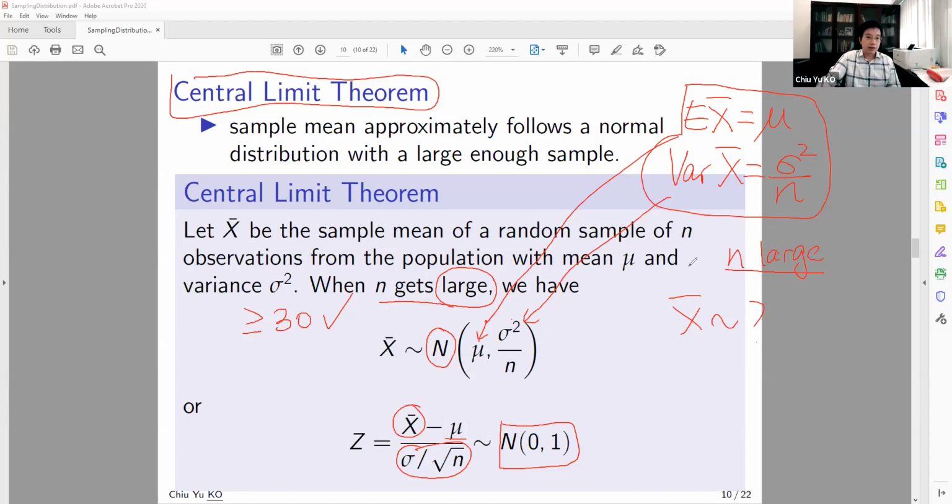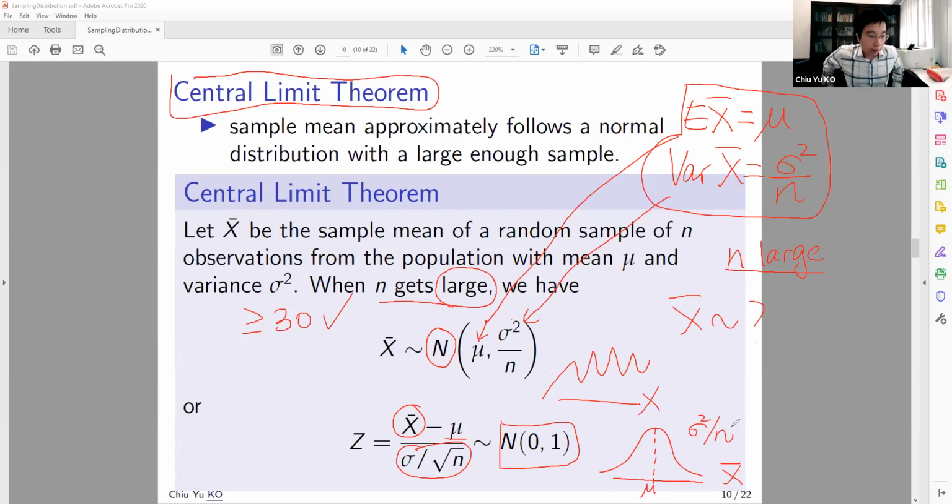But the interesting part is when n is big enough, even though X has any variable distribution, the funny part is X bar is always a bell curve with mean mu and variance sigma squared over n, okay?